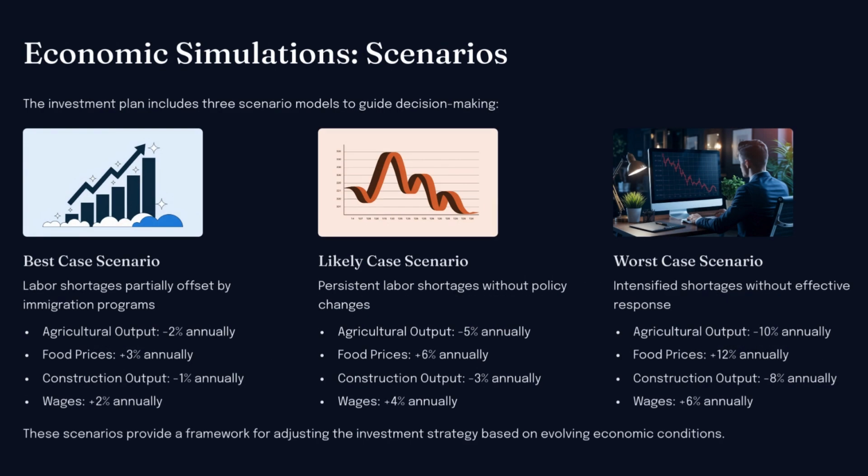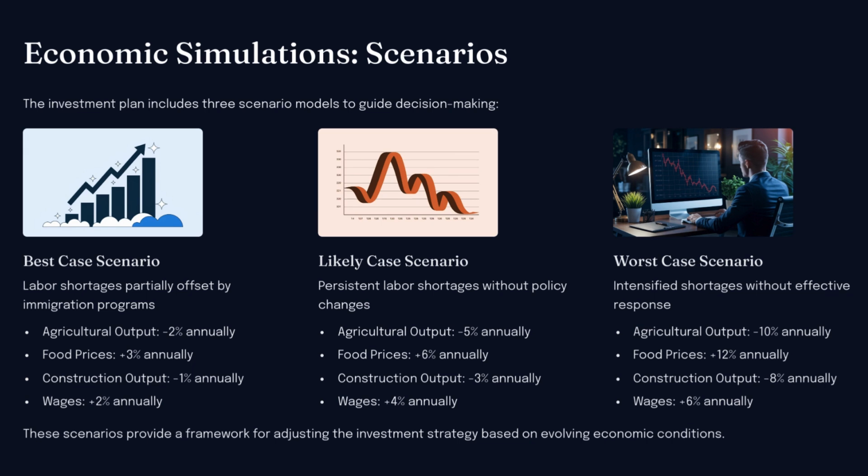Now let's put some numbers to this. We modeled 3 scenarios: best case, likely case, and worst case. In the best case, labor shortages are partially offset by mechanization or policy adjustments, resulting in moderate inflation. In the likely case, sometimes referred to as the base case, labor shortages persist, agricultural output declines by 5% annually, and food prices rise by 6% annually.